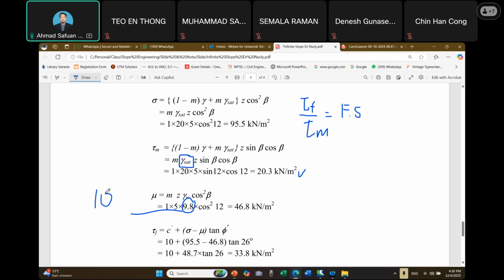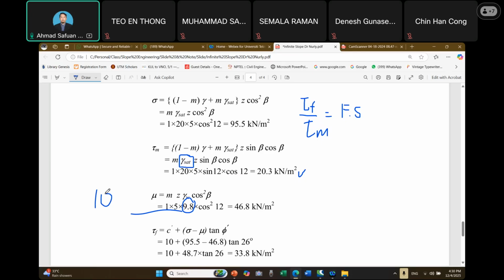So 1 times 5 times 9.8 times cos square 12. So then we obtain 46.8. So that is mu. So sigma minus mu tangent phi, so the tau f is equal to 33.8.